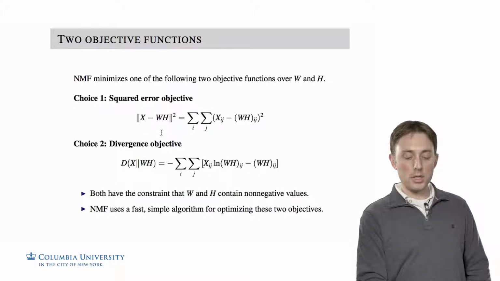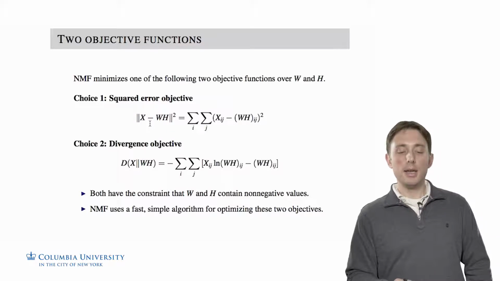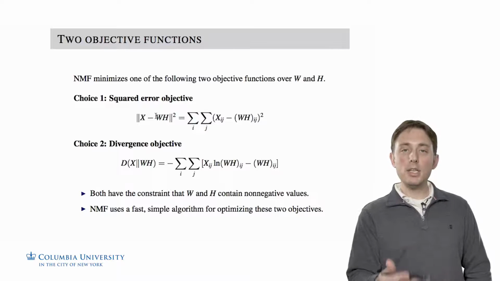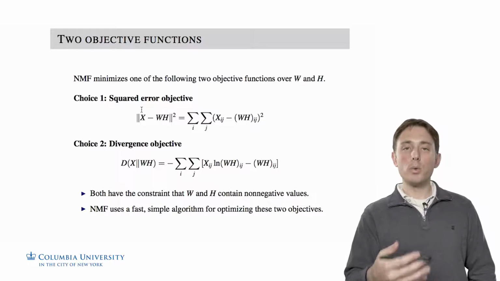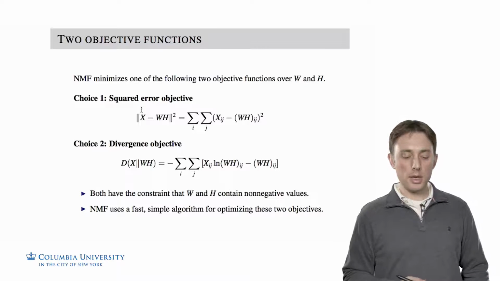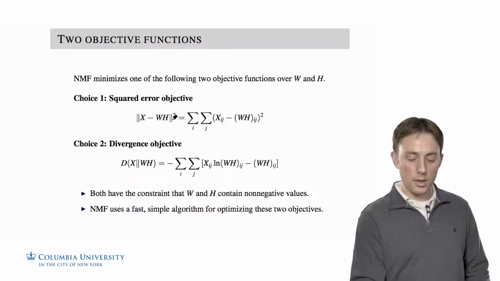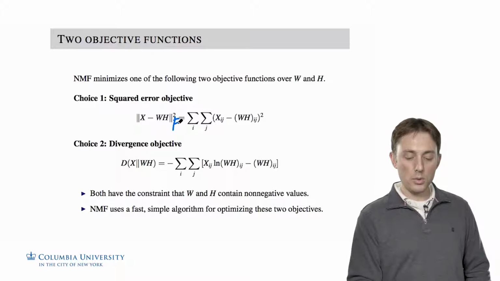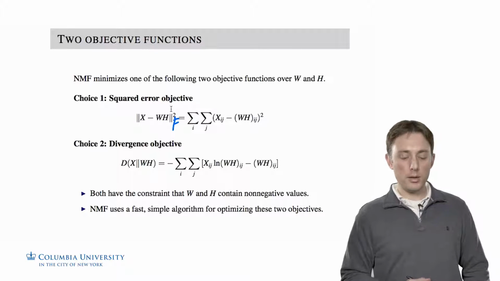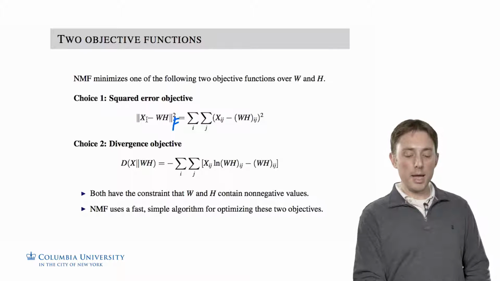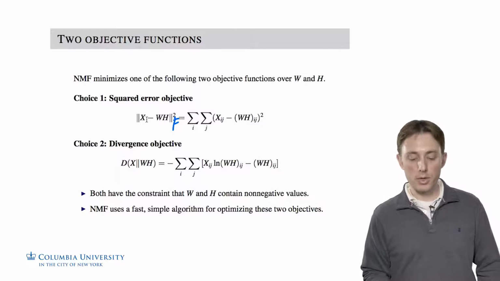And this notation indicates we take each element, because this is a matrix of errors, square it, and then sum it up entirely. Sometimes this is written with an F down here, and it's referred to as the Frobenius norm. It's just like the squared magnitude of a vector, except now it's for the entire matrix.